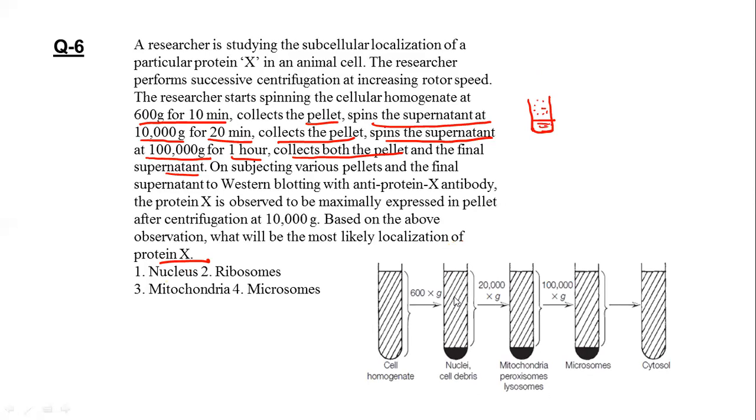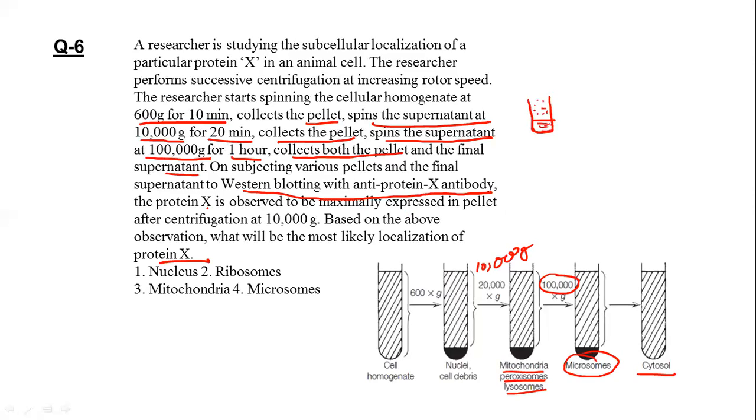Then at 20,000 G or greater, and here the question is asking for 10,000 G, you get mitochondria, peroxisomes and lysosomes. At 1 lakh G you get microsomes, and then next you get the cytosol. So the question is asking about Western blotting of the various pellets and the final supernatant with anti-protein X antibody.